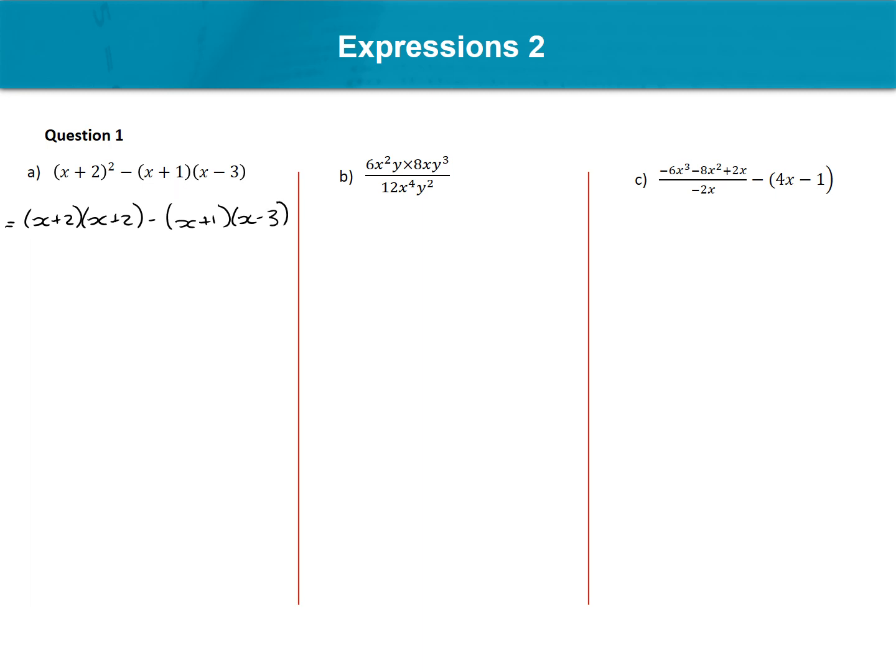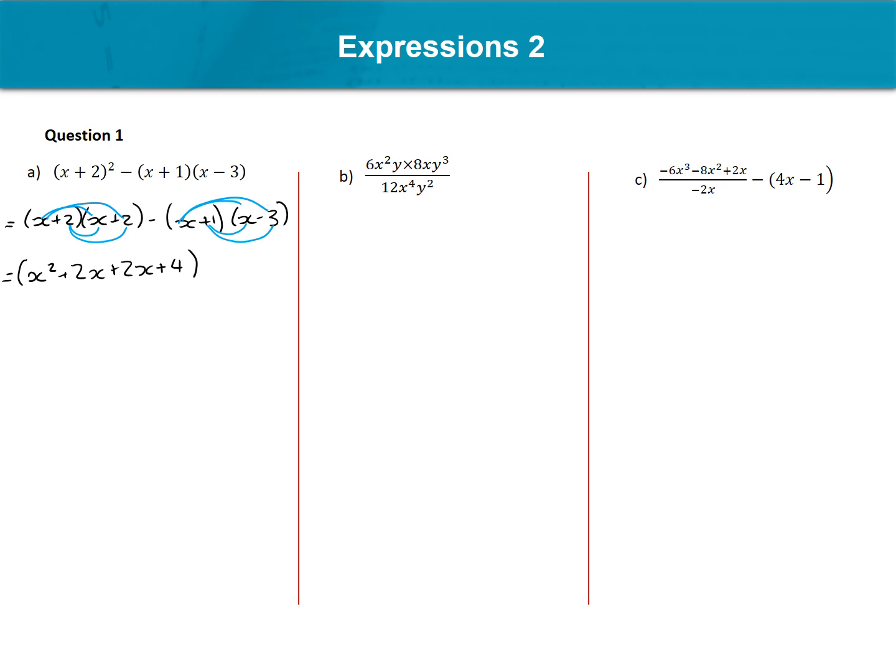Alright, so we need to expand our brackets, and we can do it for both of them. So let me take that away. Alright, we are then left with x² + 2x + 2x + 4.